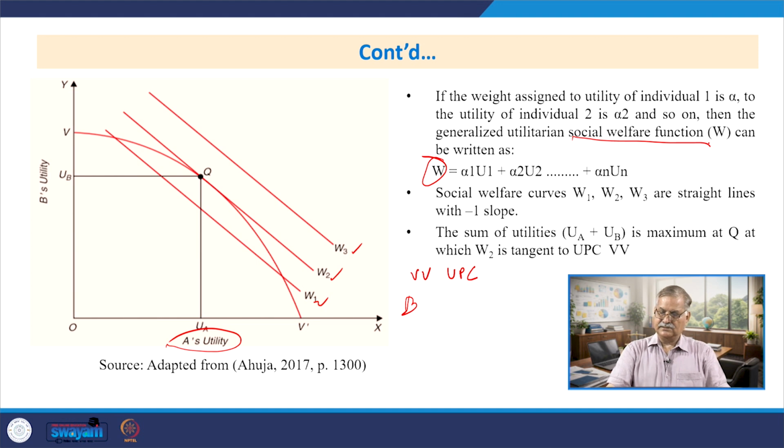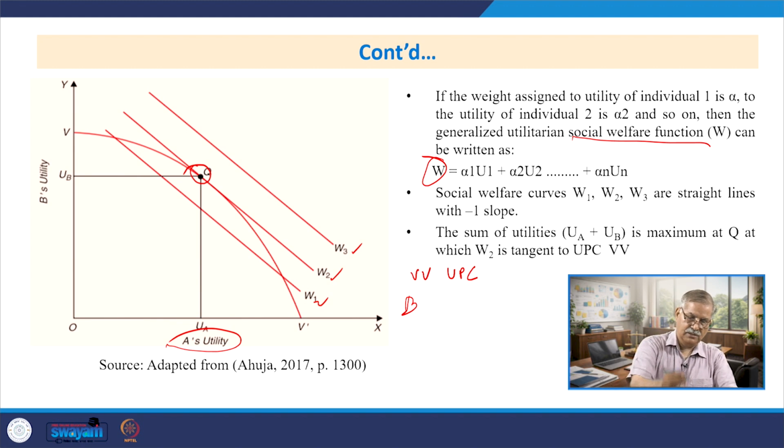Social welfare functions are straight lines with slope -1. The sum of utility of two persons in this graph, A and B, will be UA plus UB, and that is maximized at point Q. So utility is maximized at point Q, at which W2 is tangent to the utility possibility curve represented by VV.